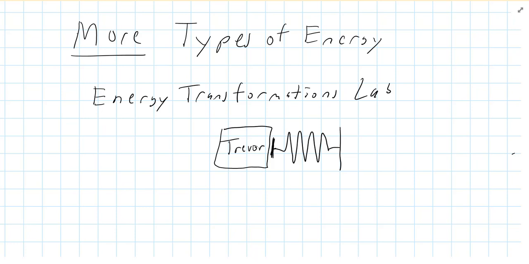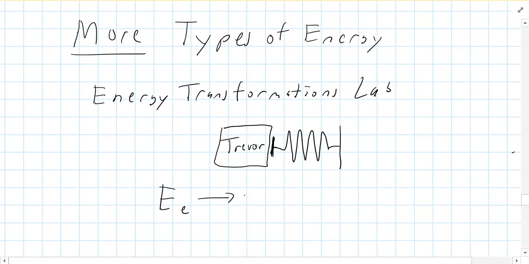That's what we call potential energy. So you start with E, elastic, all right? And then you launched Trevor. So what happened to that elastic energy? What did it turn into? Well, it made Trevor move. So that elastic energy turns into the energy of motion, which is called kinetic energy.